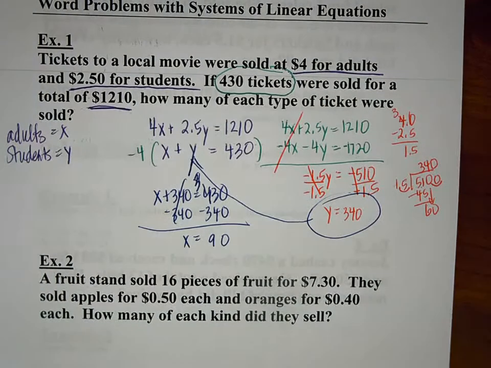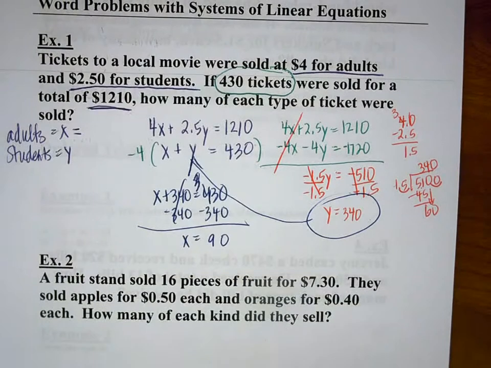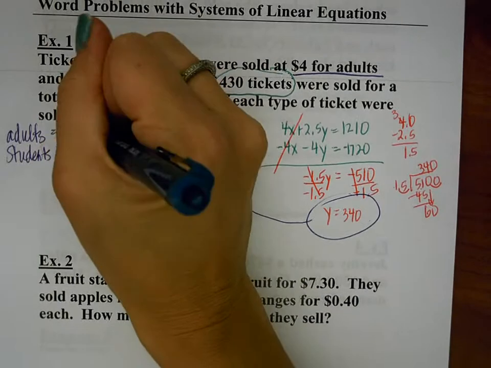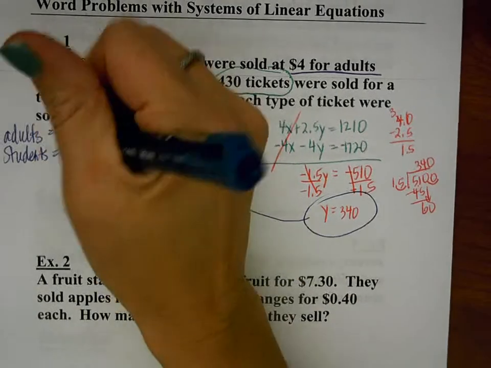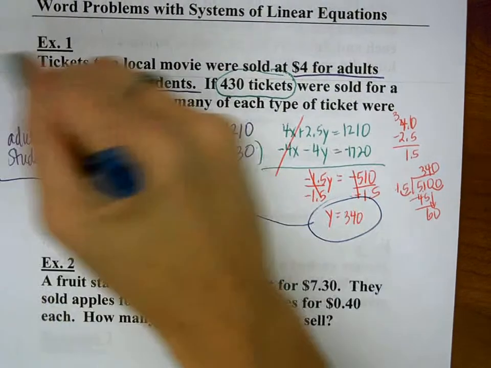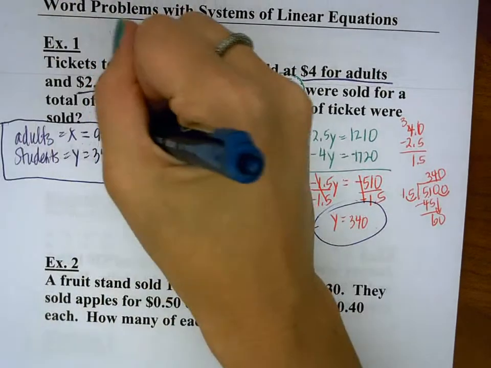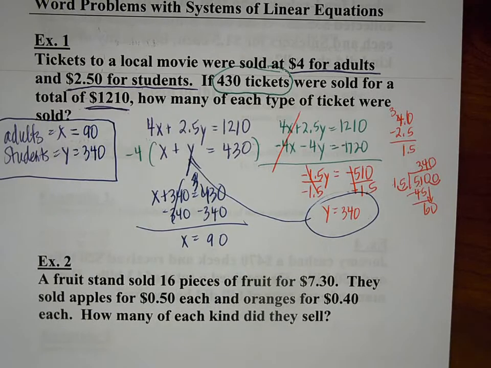So then what I normally do, because this isn't really ordered pairs, because we know the adults is x, that means there were 90 adult tickets sold, and for the students there were 340. And so I normally will go up and write my answers with what each of the things I was finding are. Okay? Got it.